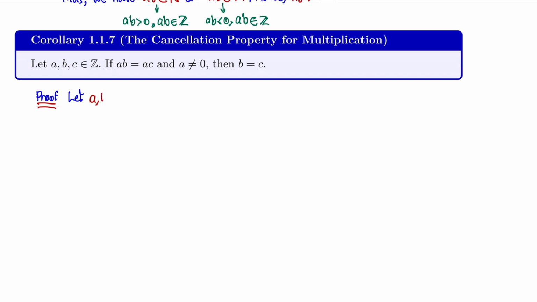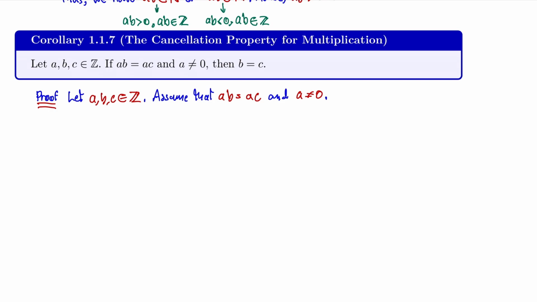I will let a, b, and c be integers and assume that a times b equals a times c, and a is not 0. If I have ab equal to ac, I want to show b equals c.